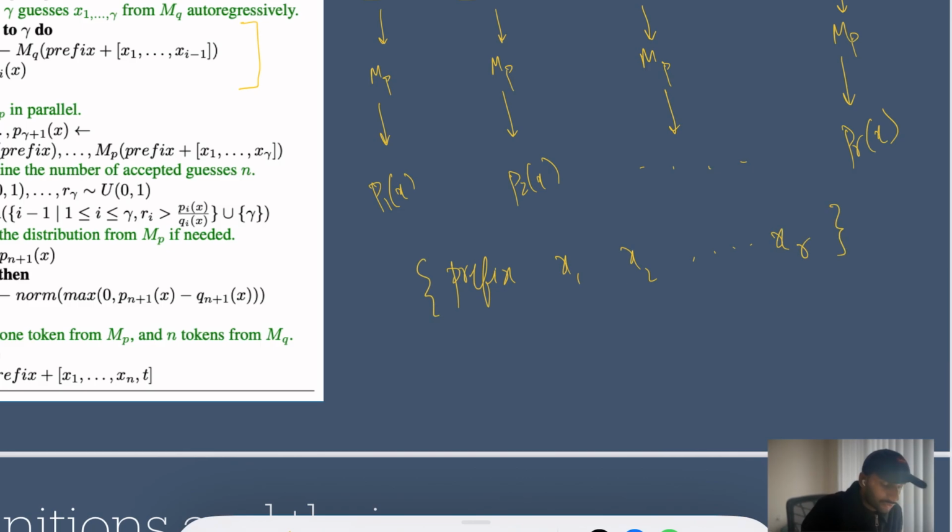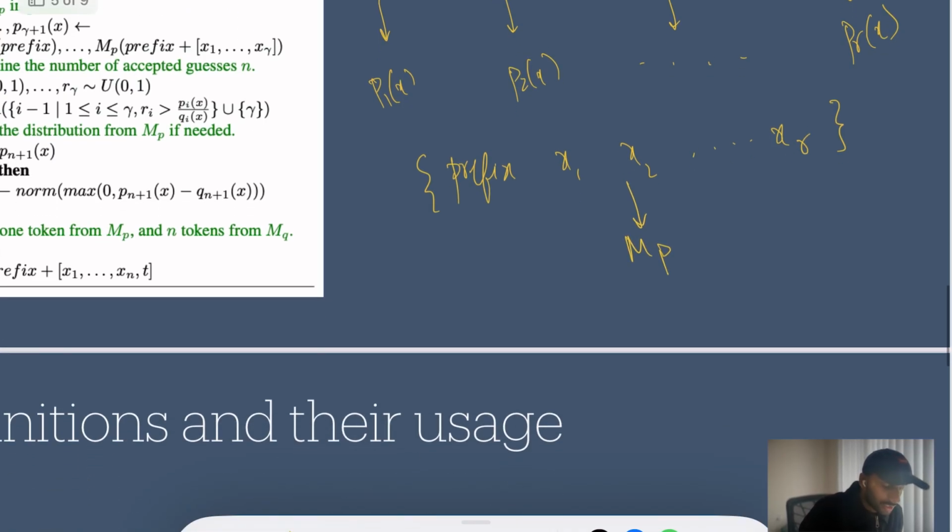We concatenate all of these. We call the target LLM only once, and that is going to generate all the output probability distributions for these gamma time steps at once in parallel. That's mainly because of how transformer architectures are modeled.